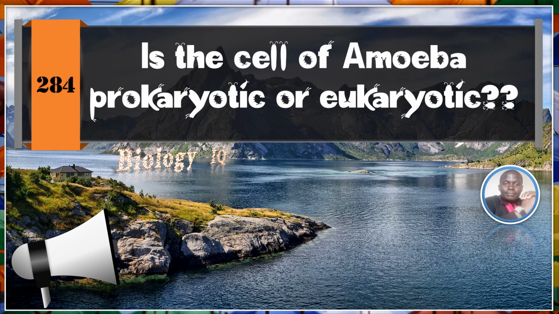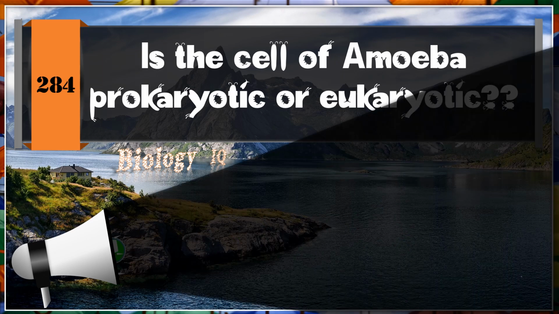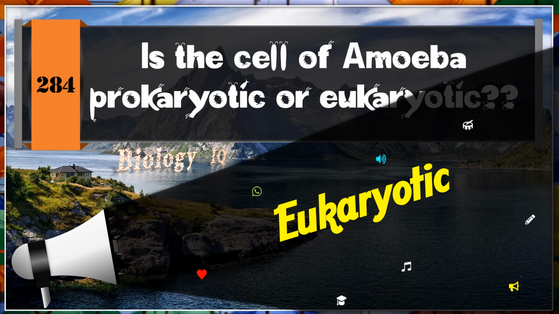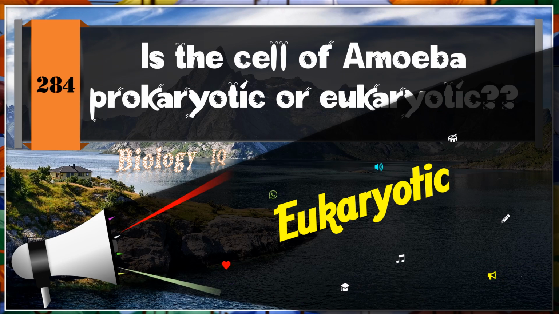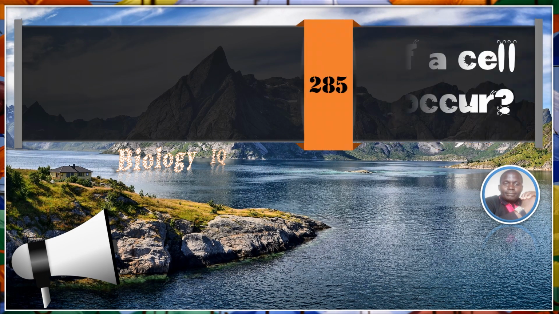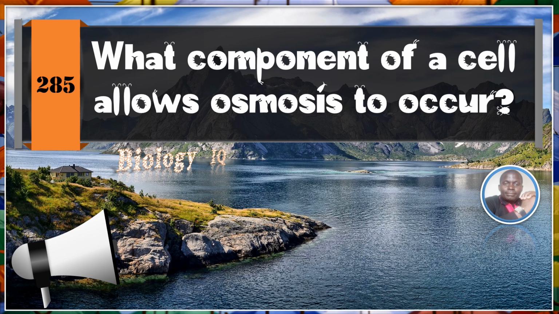Is the cell of amoeba prokaryotic or eukaryotic? Eukaryotic. What component of a cell allows osmosis to occur?